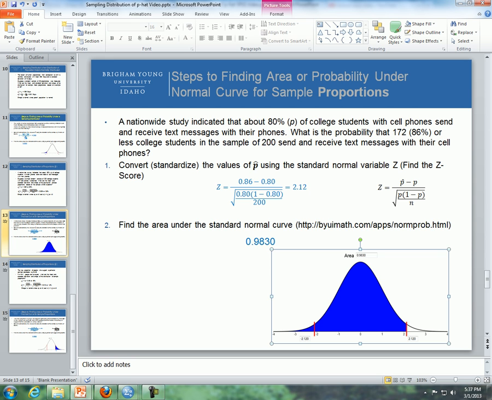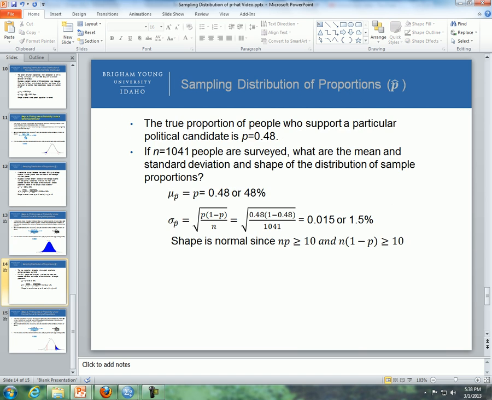So the probability that 86% or less in our survey send and receive text messages is about 98%, or 0.9830.